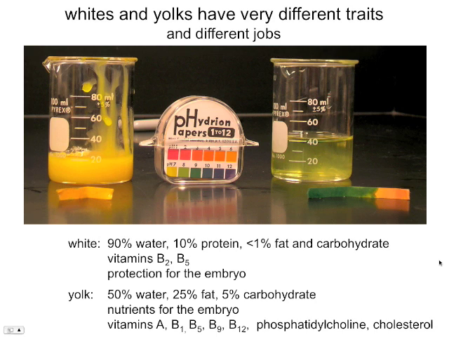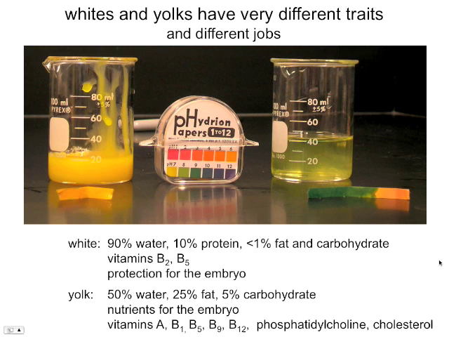Whites and yolks have very different traits. We've already seen some of that. They have very different jobs or roles that they play. But first, here's another photograph that I snapped of separated yolk and white, and we see that volume difference again, obviously.